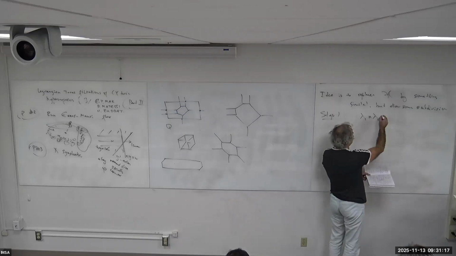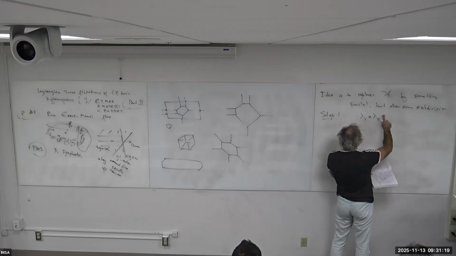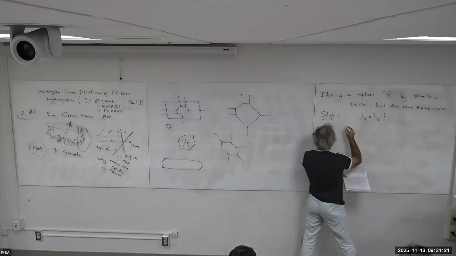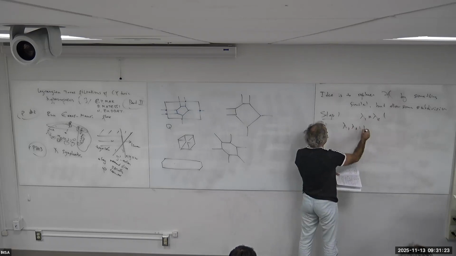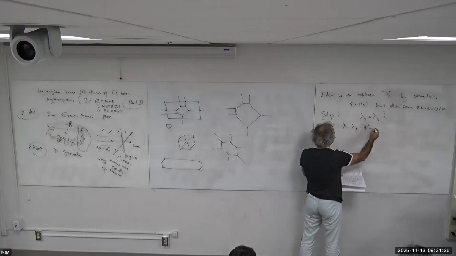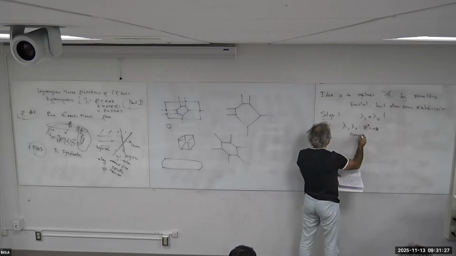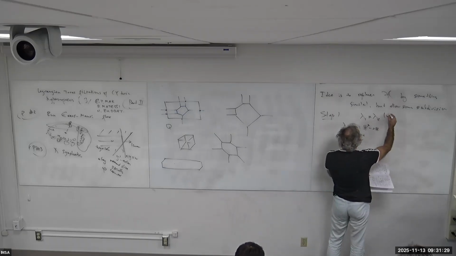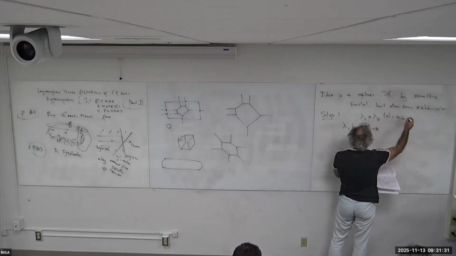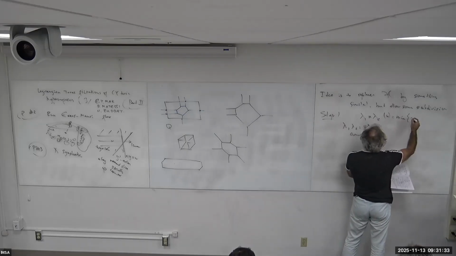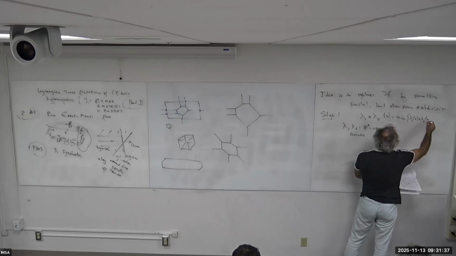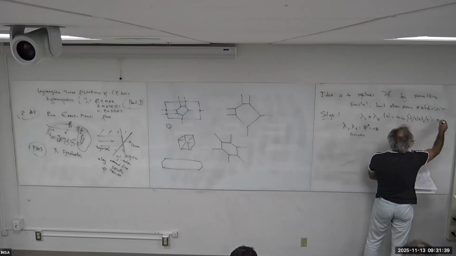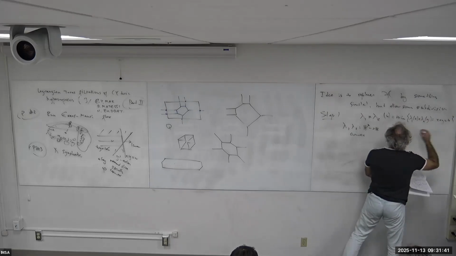So what's the convolution? For 2 convex functions lambda1, lambda2 from R^n to R, the convolution is defined as the minimum of lambda1(x) plus lambda2(y), such that x plus y equals u.